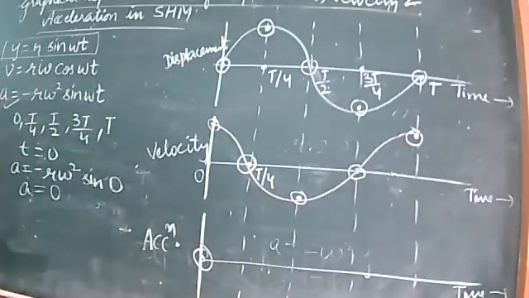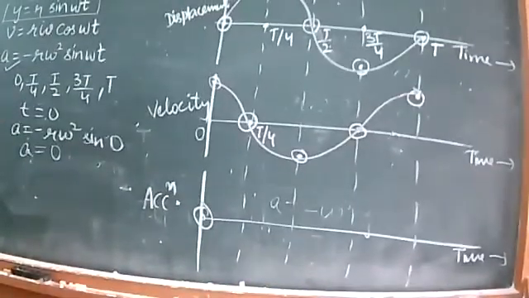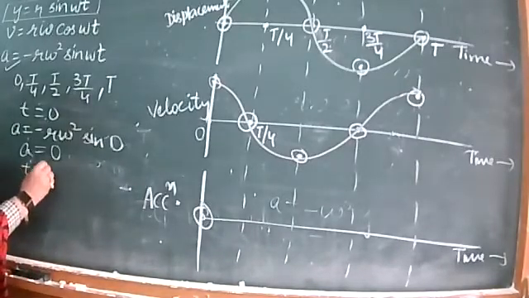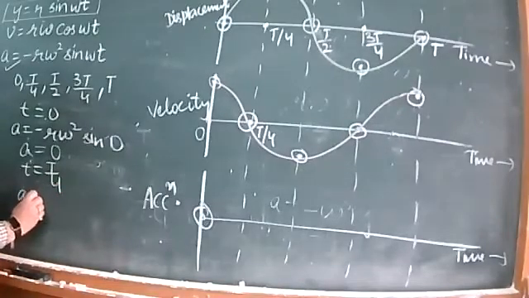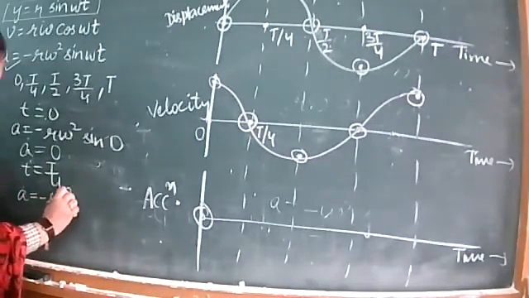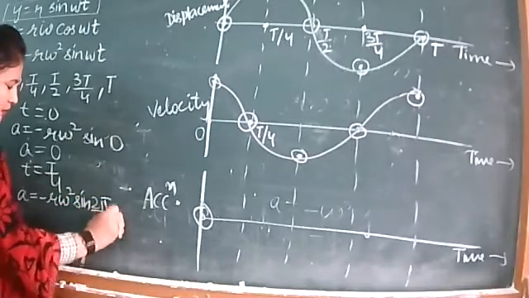So we get our first point. Acceleration is 0 corresponding to time 0. Then for t equal to T by 4, acceleration would be minus r omega square sine omega t.